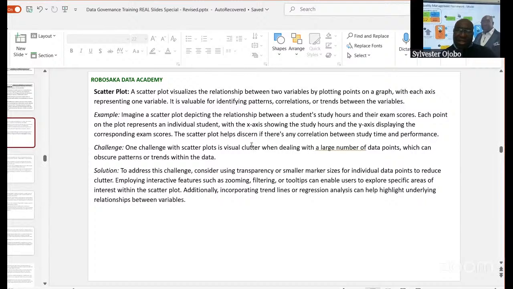So when you want to measure correlation, a scatter plot is very important to see how those points are connected across each of the axes. So for example, imagine a scatter plot depicting the relation between students' study hours and their exam scores. Each point on the plot represents an individual student.